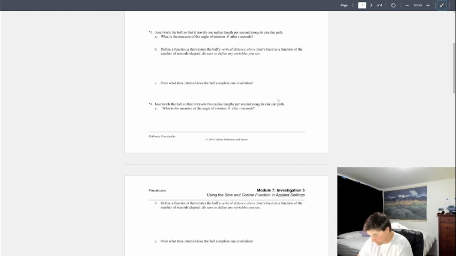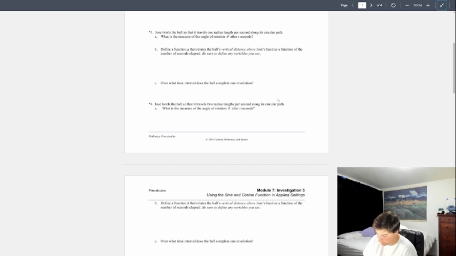Over what time interval does the ball complete one revolution? It's just 6.28 divided by 2. 6.28, I can say 2 pi for exactness. Oh, so pi.